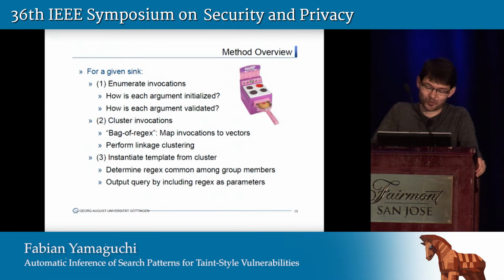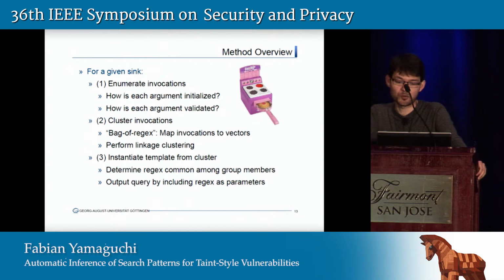First of all, we assume that there's a given sink. For example, you say memcopy. Now what it does is it starts to enumerate the different kinds of invocations. What I mean by that is that we take a look at how the arguments are initialized, each of them separately, and how they are validated. We then try to find similar invocations by clustering them.